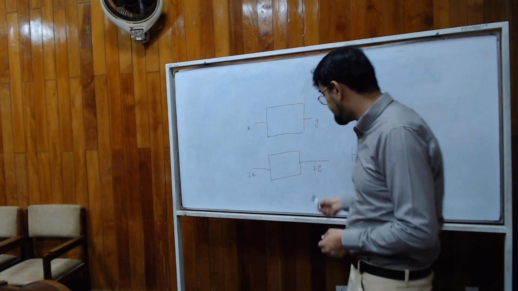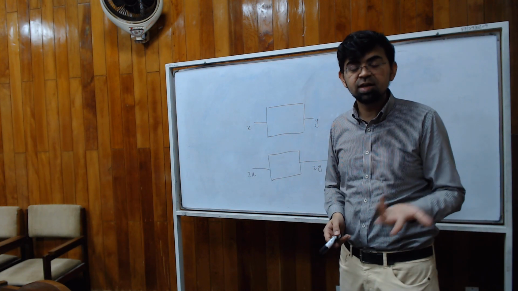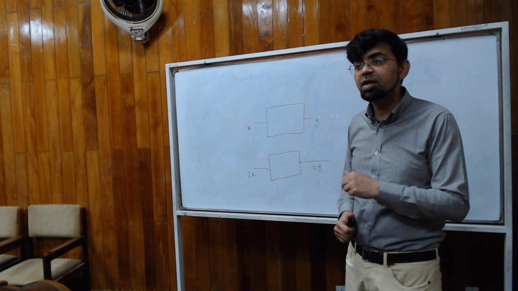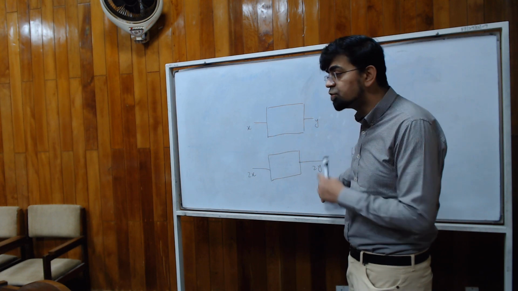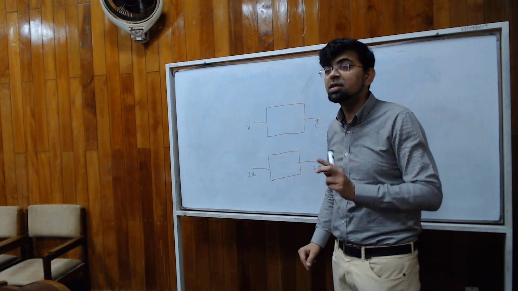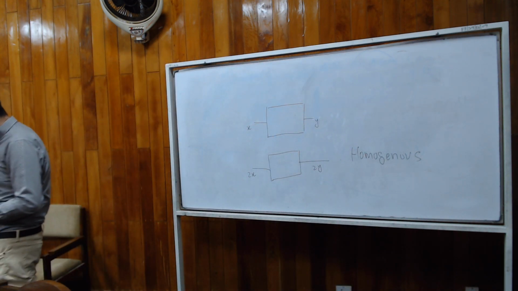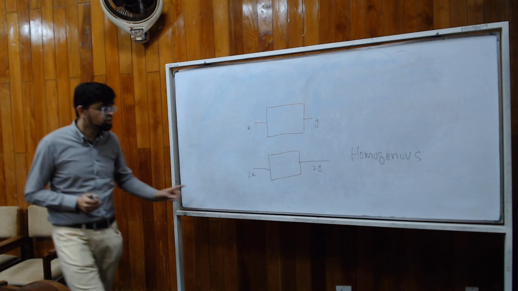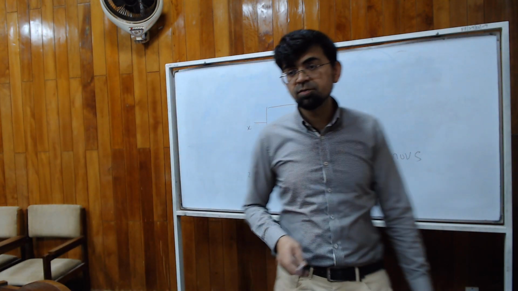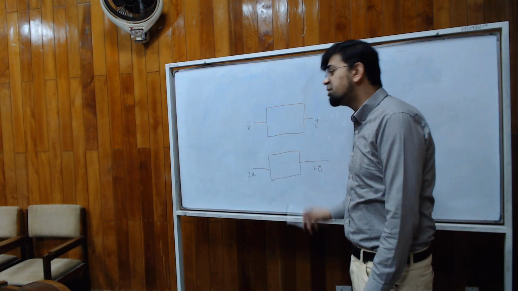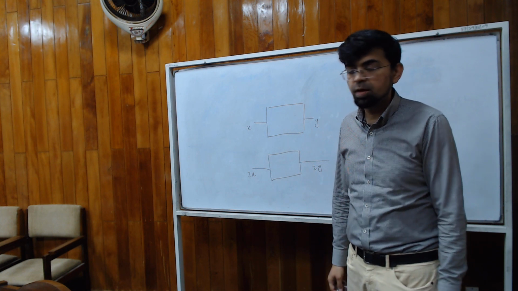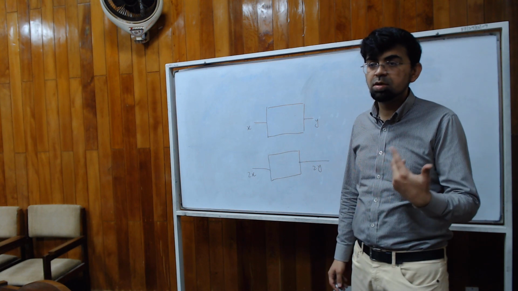So now we are already classifying the systems. Systems don't have to do exactly that scaling, but the systems that follow this will be called homogeneous systems. And systems that don't follow this, let's say you give 2x and it gives you 3y, that will be non-homogeneous.